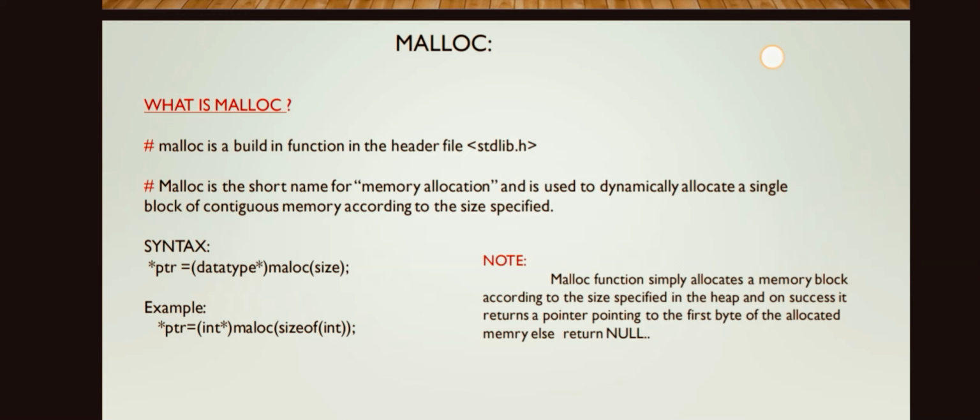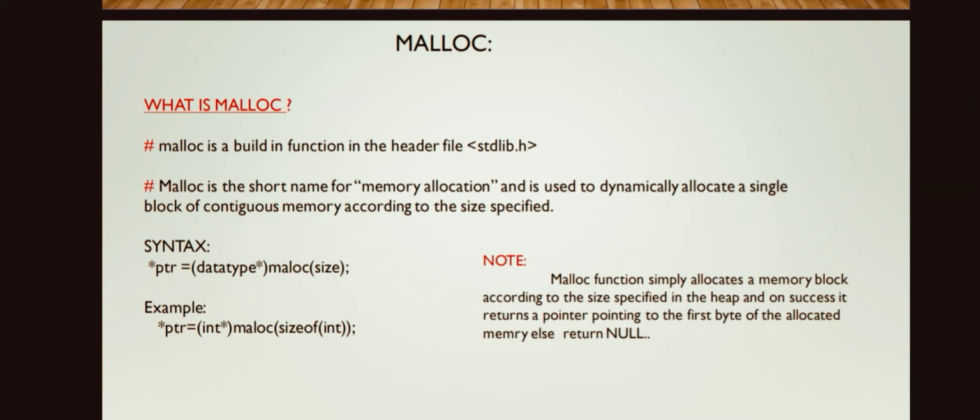Malloc allocates only a single block of memory of specified size and returns a pointer to the beginning of the block. Here is the syntax and an example of the malloc function. To declare or initialize a malloc, we should declare a pointer variable before it.